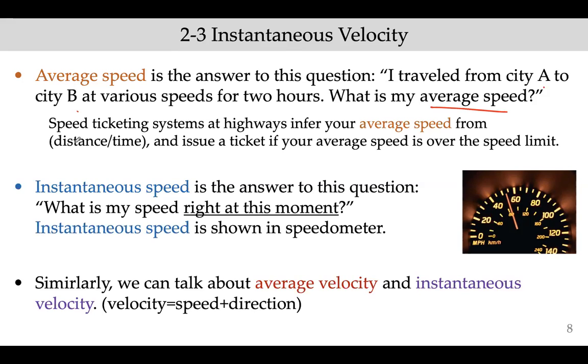If you drive on highways, you have to be careful not to overspeed, because speed ticketing systems at highways actually do calculations. They don't watch your speed at every point, but they just infer your average speed from distance divided by time, and they issue a speeding ticket if your average speed is over the speed limit.